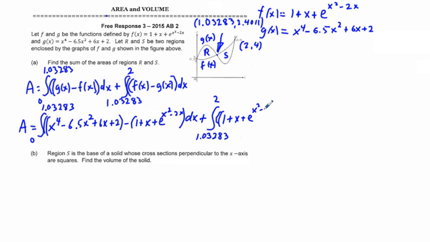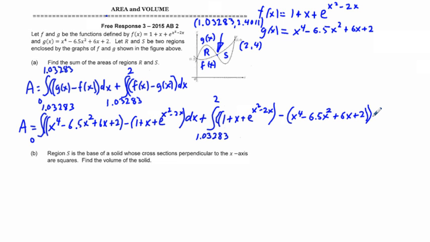X squared, not too legible. Okay, and we're going to subtract out g of x, which is x to the fourth power minus 6.5 x squared plus 6x plus 2 dx.